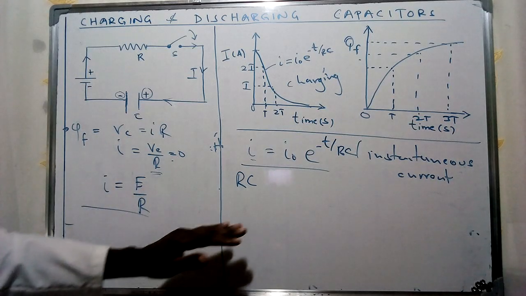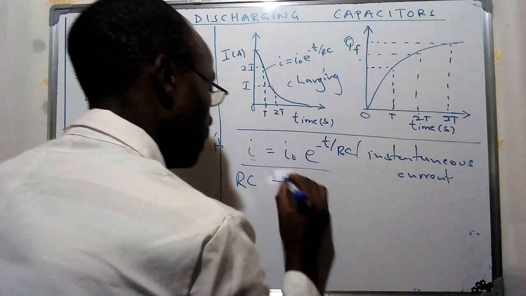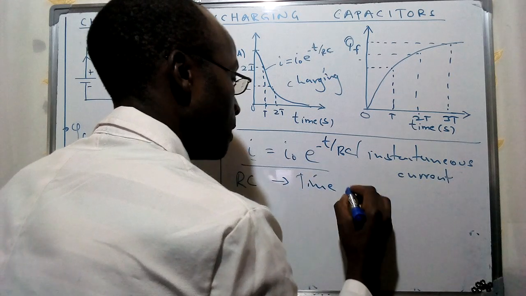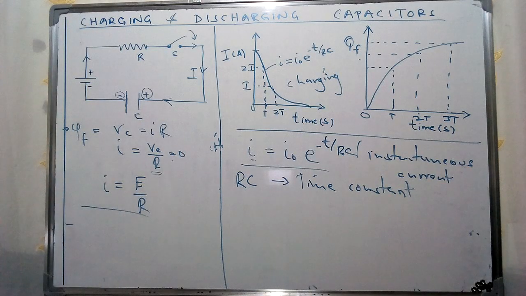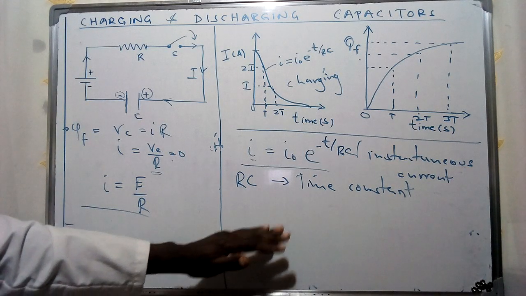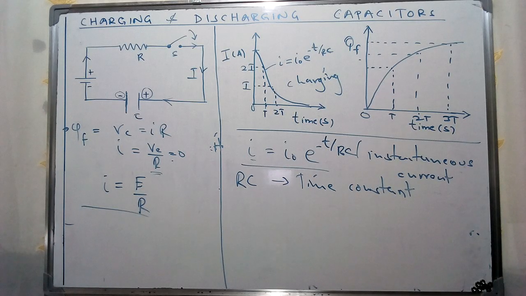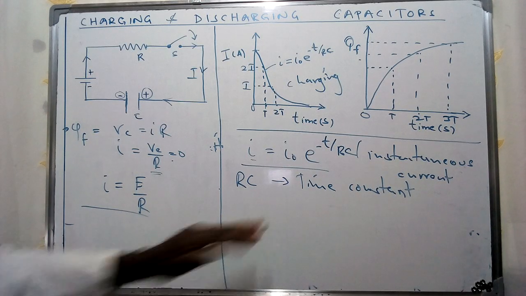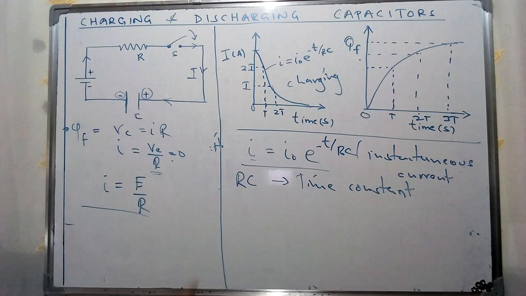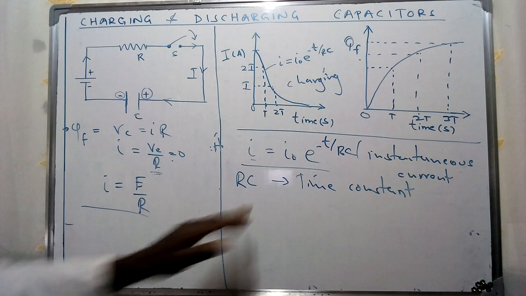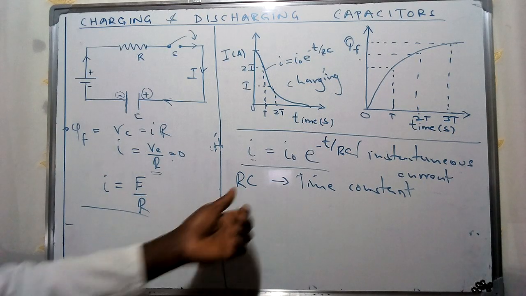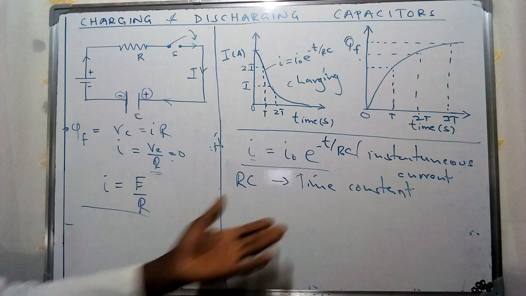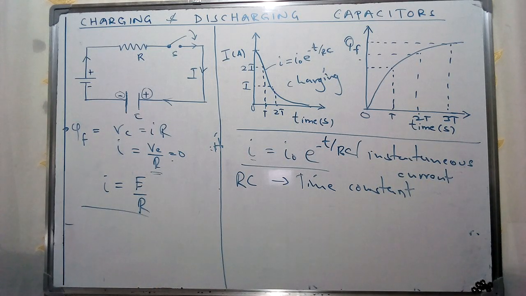This is going to form what we call the time constant, and it's going to be used to determine the time it takes for the capacitor to be fully charged, that is the charging time of this capacitor, given by this concept of RC. We're going to elaborate on this one, especially on its derivation, as promised, and that's going to assist us to measure the time it takes for the capacitor to charge, especially in some of our evaluations using specific examples.